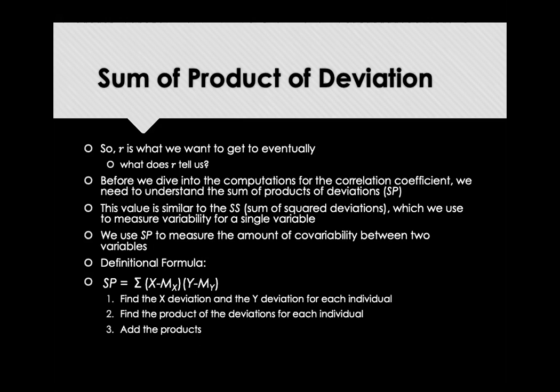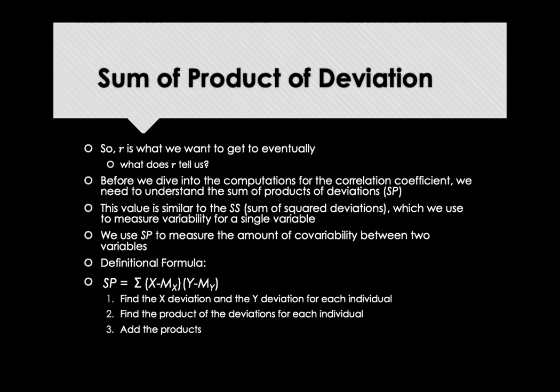Sum of squares was used to measure variability for a single variable, if you remember. We would take the sum of squared deviations, where one value minus the mean would be the deviation, and then we would square it and add those up.